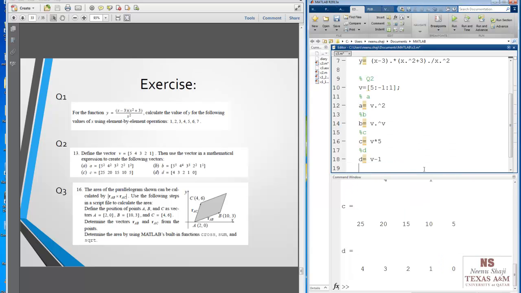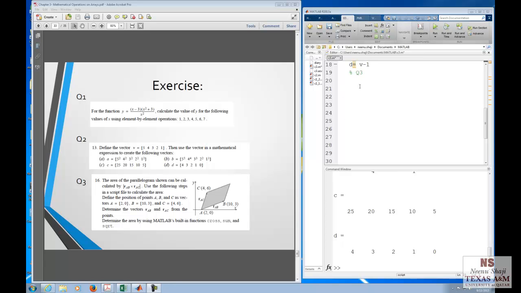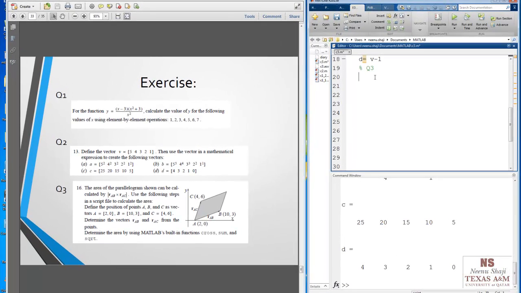Okay. Next question. Let's work on question number 3. The area of the parallelogram shown can be calculated by the length of RAB cross RAC. Use the following steps in a script file to calculate the area. Define the positions of points A, B, and C as vectors. So let's define A is 2, 0, 0. Because we have a cross operation and we know to use the cross function, the vectors must have 3 elements.